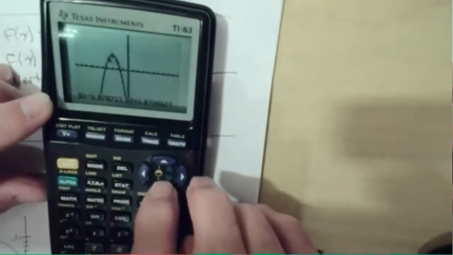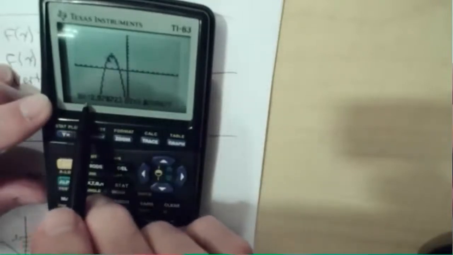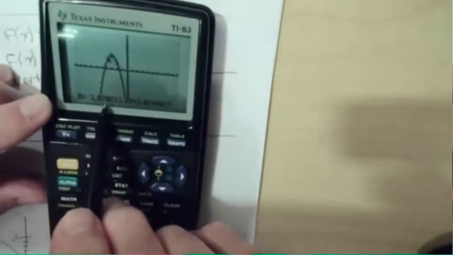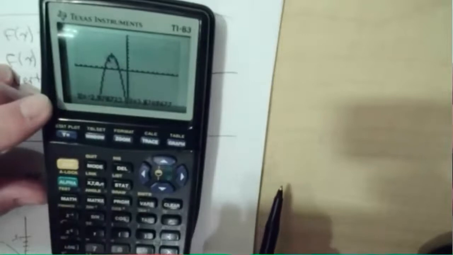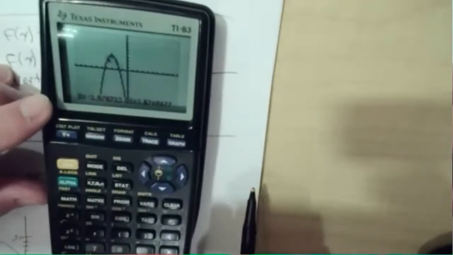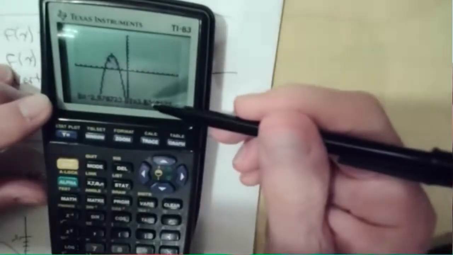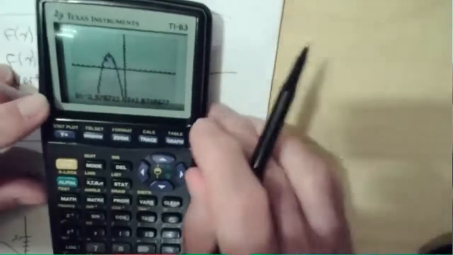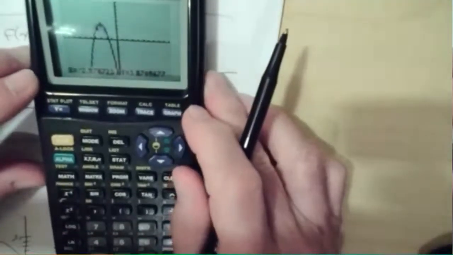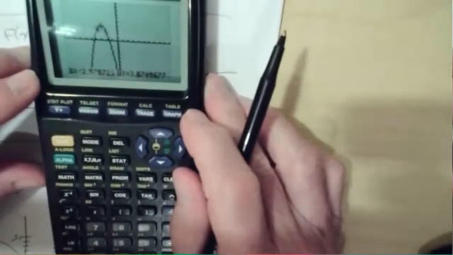Yeah, it's not going to give us the exact thing, but you can see the numbers down here. X is negative 2.97, which is dangerously close to negative 3. And our Y value is 3.07.